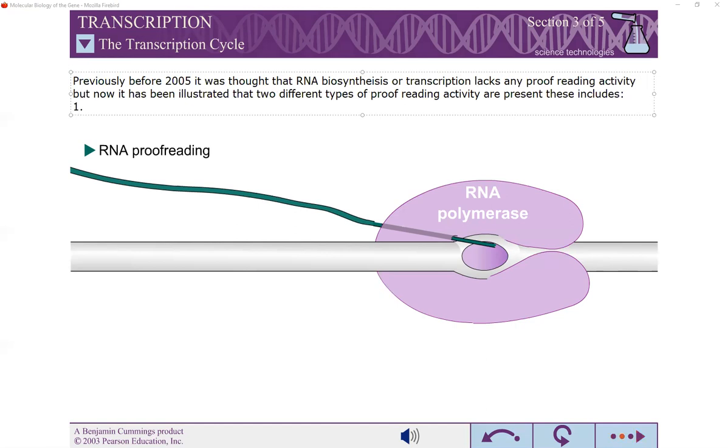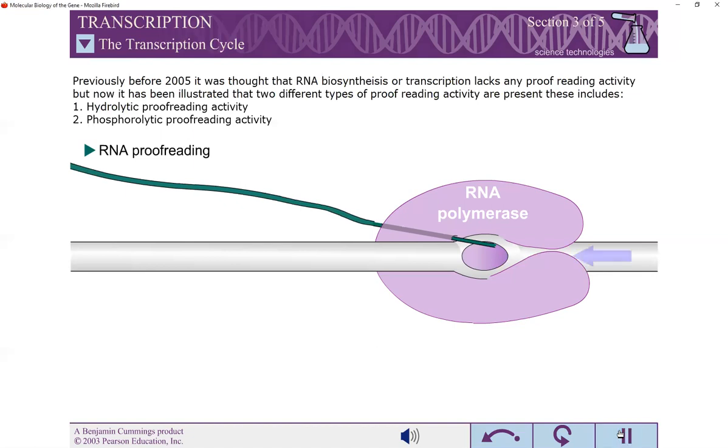One is referred to as hydrolytic proofreading activity, and another one is referred to as phosphorolytic proofreading activity. Okay, so these are the two different types of proofreading activity which are present. Now, how these activities take place, that we have to see.